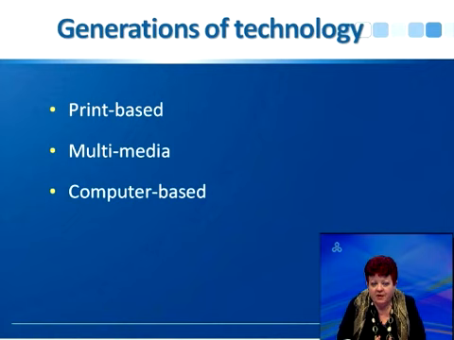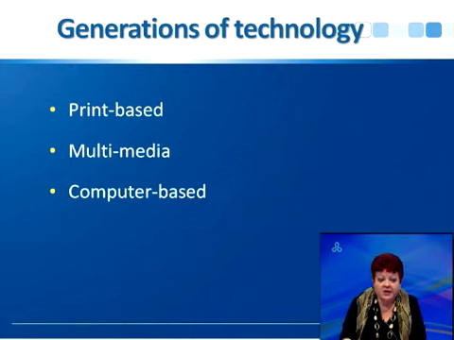But basically we speak about the print-based, the multimedia, and the computer-based education as generations of technology. Here again, I would like to emphasize that when you speak about a generation, it does not mean that when you move to another generation, you delete or omit totally the former generation, because we are still very much, even in the digital age, based on print.